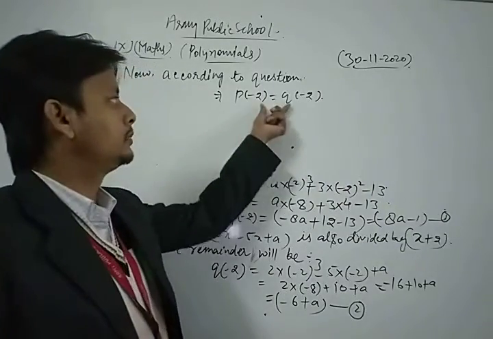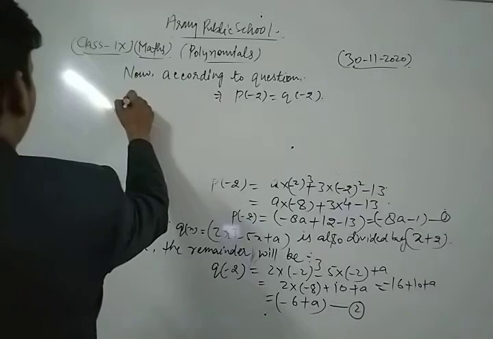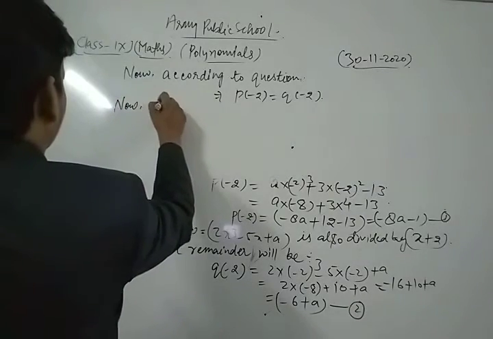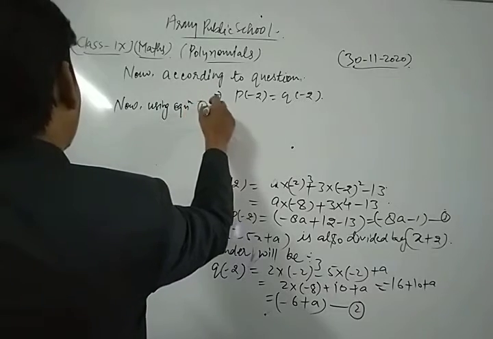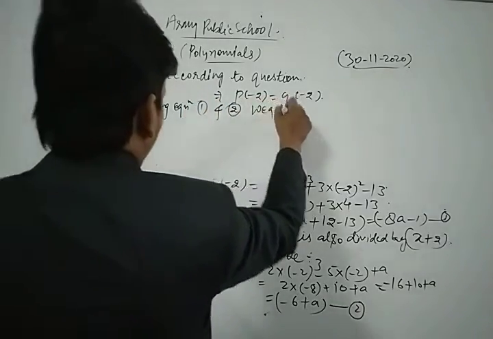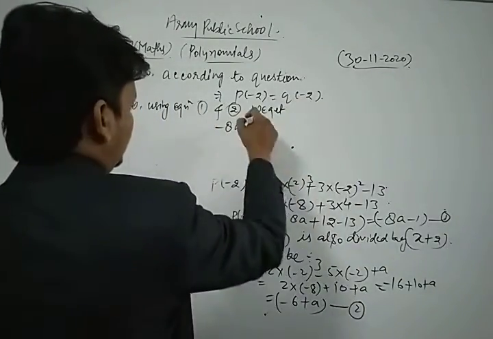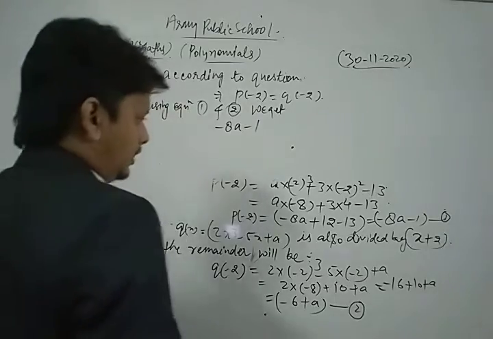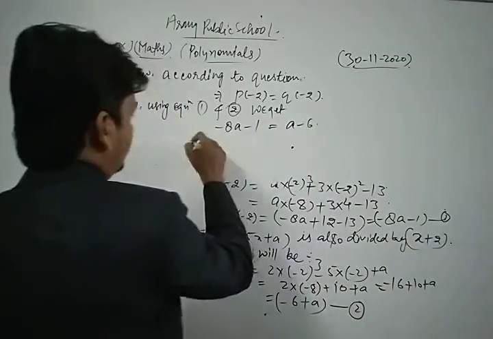Now using equations 1 and 2 we write minus 8a minus 1 is equal to a minus 6. Now we simplify them.